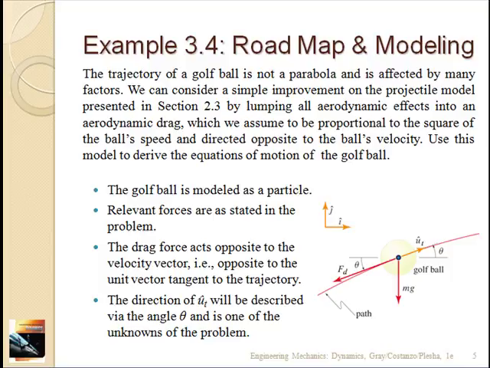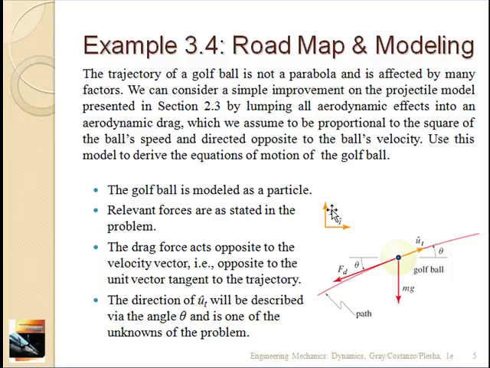But if we're in air, then the air slows down the motion, and that affects the trajectory, and therefore it's not a parabolic trajectory. It's slightly modified by the drag. So that's what we're going to do. We're going to see how drag forces affect the trajectory of a golf ball in this case, or any other projectile.